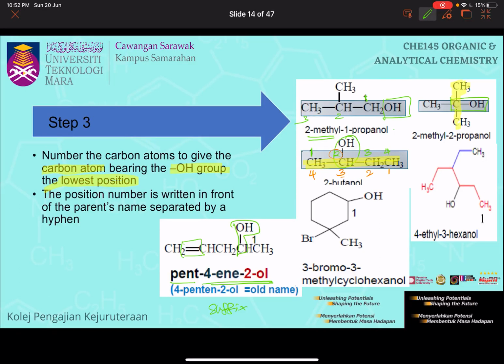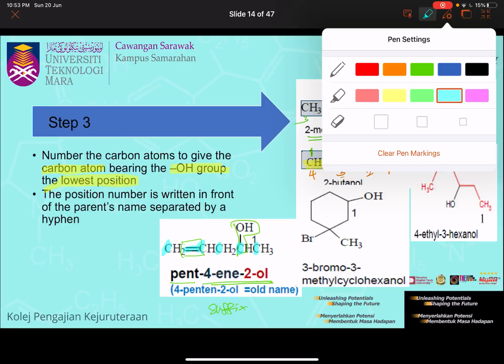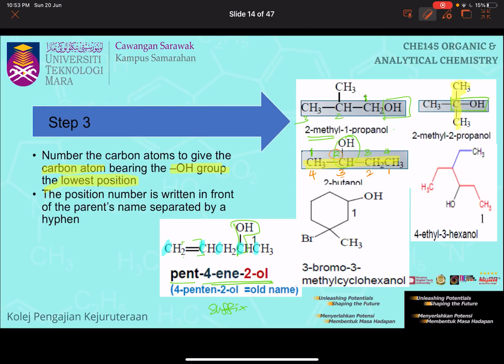Pent means there's 5 carbon, right? 1, 2, 3, 4, 5. Pent, and then in. We have the in, which is the double bond, the double bond here, and then OH definitely will give us the O.